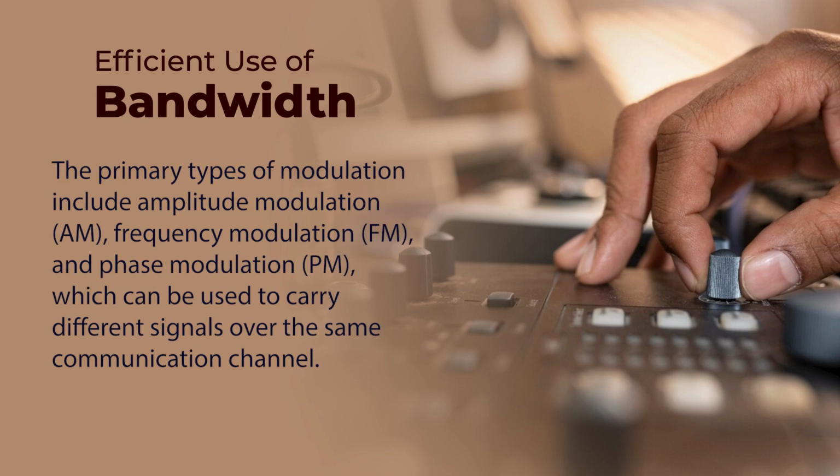The primary types of modulation include amplitude modulation, that is AM, frequency modulation, that is FM, and phase modulation, that is PM, which can be used to carry different signals over the same communication channel. By assigning different carrier frequencies to each signal, they can coexist in the same bandwidth without interference.